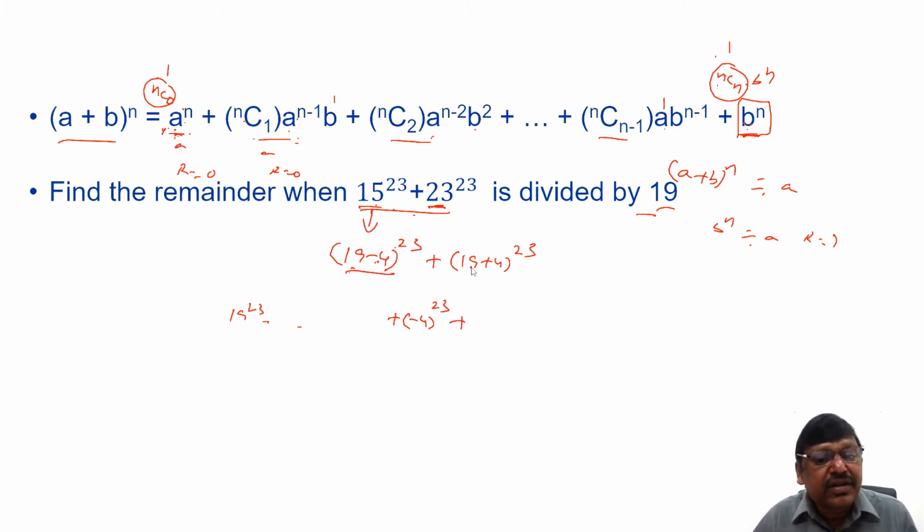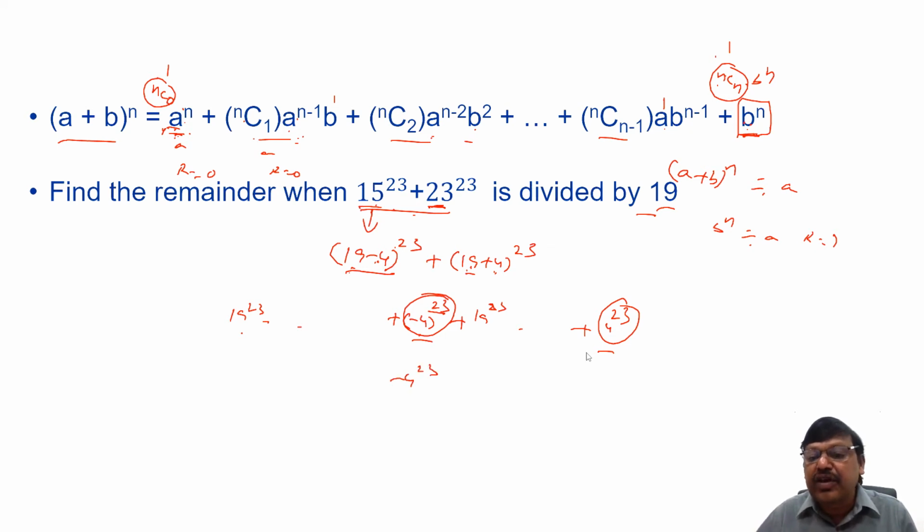What about the other one? When you expand here, all terms will have 19. You start again with 19 power 23 and so on. The last term is going to be 4 power 23. Except for the last term here and the last term in the first expansion, in all other cases we have 19, like we have a in every case. But minus 4 whole power 23 is going to be negative, because the power is an odd number. So it is minus 4 power 23.